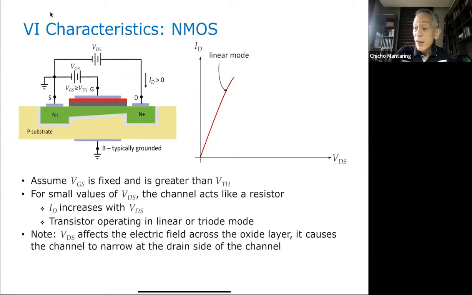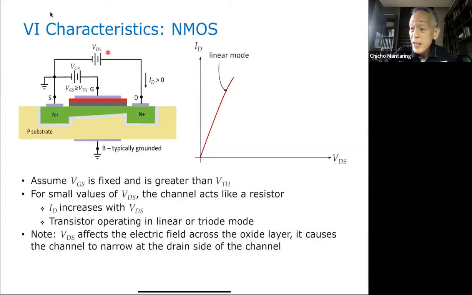Actually, VDS will have an effect on the shape of your channel. If you notice here, the way I drew my channel, it narrows as I get from the source to the drain. And the reason why it narrows is VDS has an effect on the electric field across your oxide layer. It's okay if you don't appreciate this fully now. It's going to be taken up in more detail in EE 131.